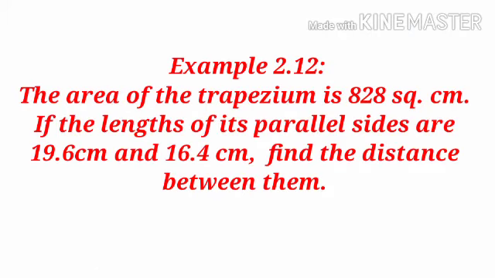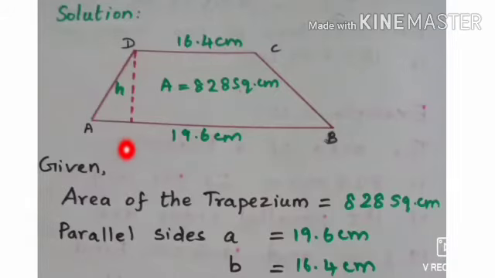The area of a trapezium is 828 square centimeter. If the lengths of its parallel sides are 19.6 centimeter and 16.4 centimeter, find the distance between them. Now students, draw a trapezium ABCD and mark the values given in the problem. Here in the problem they have given the values of the parallel sides and the area of the trapezium.